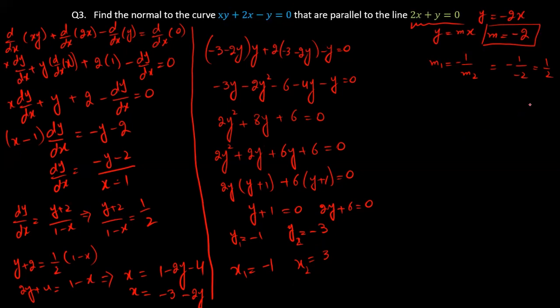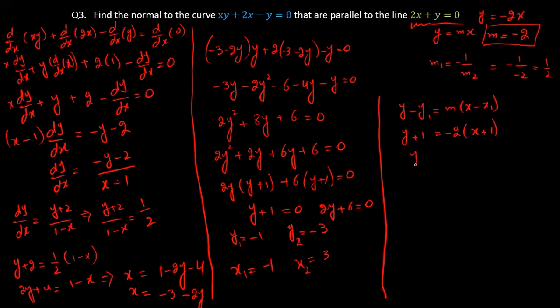We need to compute the equations for the normal, which has slope minus 2, by using the equation of a line, which is y minus y1 is equal to m into x minus x1. We have y1 as minus 1, so it will give us plus 1, and the slope is minus 2, and x minus x1 will be x plus 1.